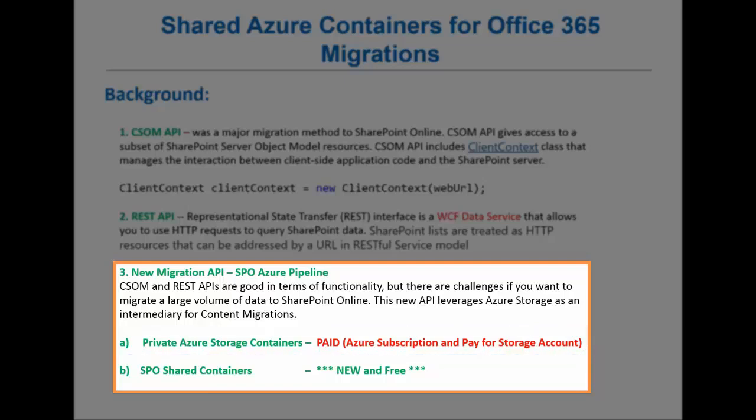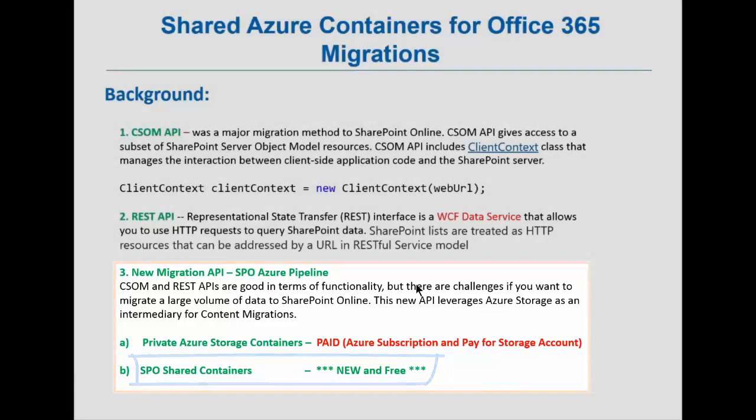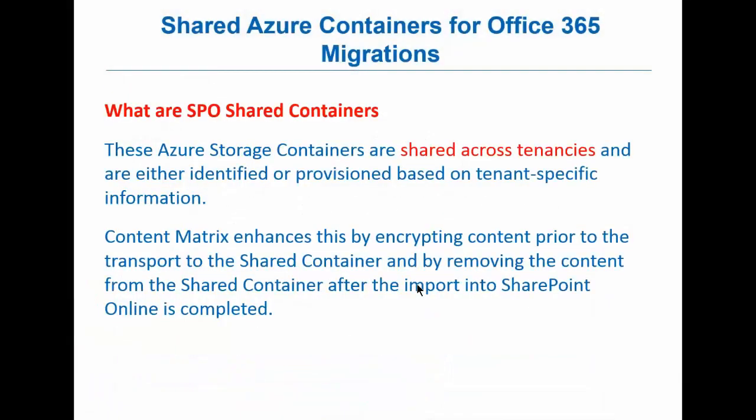But recently, Microsoft came up with shared SPO containers which are free to use. You don't need a subscription. You don't have to pay for the storage at all. So in this demo, we're going to discuss more about how to leverage shared containers. As you see on my next slide, these shared containers are shared across tenancies and are provisioned based on tenant-specific information.